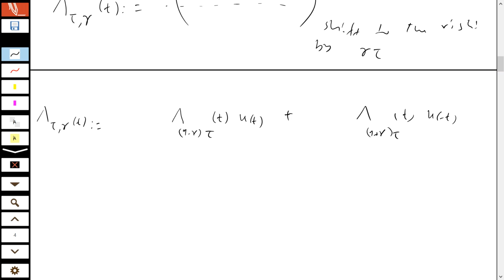And we don't have a problem, remember, because we define this for tau equal to 0 as well. So even when gamma is equal to 1 or minus 1, these terms will still be defined as 1 and minus 1. But the problem is that it will get multiplied by u of t and u of minus t.